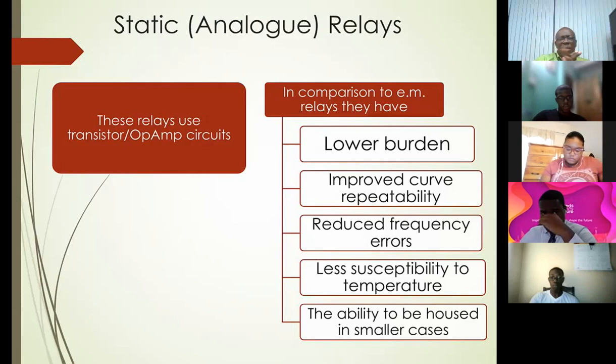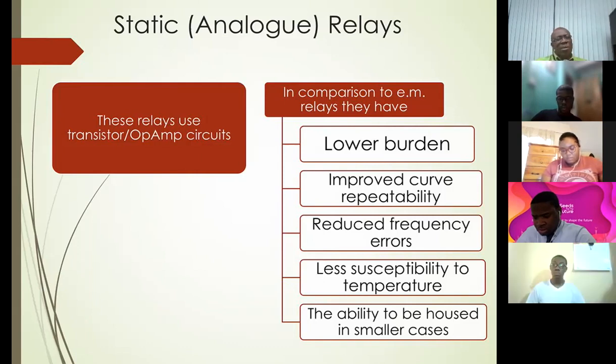And of course, it makes the relay smaller. Earlier I showed you there's a static relay, nice and cute.